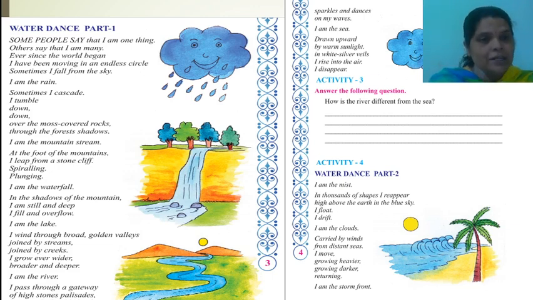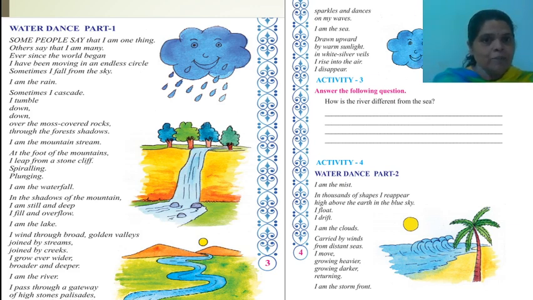That's why in the first stanza, what is it? I have been moving in an endless circle from the beginning of the earth. जब से अर्थ शुरू हुआ है, I have been moving in an endless circle. मैं आती हूँ और जाती हूँ. It is a water cycle, and this is my water dance. I am the water. You can compare the first stanza and last stanza.